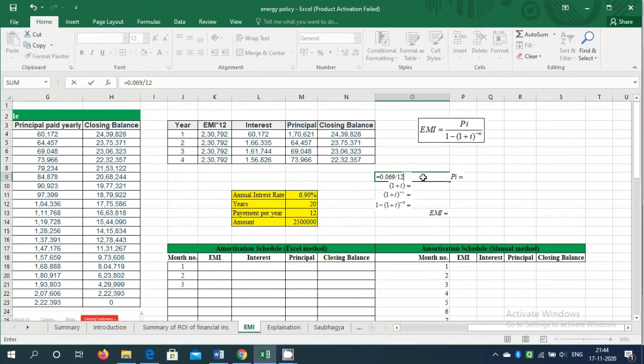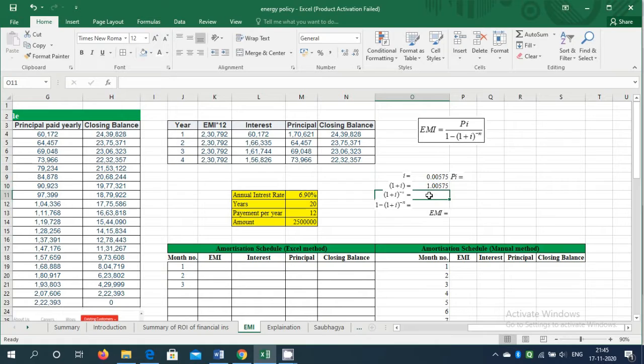Okay, so that is 0.0579, the interest per month. And then 1 plus I, for getting this one I am just writing this on a stepwise format, equal to 1 plus this one.